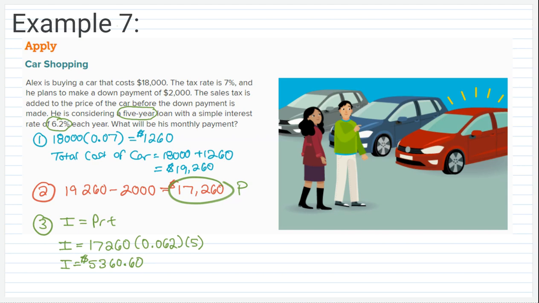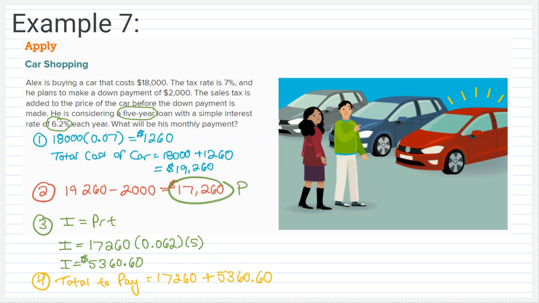So to figure out the total amount that we're paying, because again, that answer we just got on step 3 to this problem is just the amount of interest. We still owe the $17,260 plus that interest. So the next step to figure out how much we have to pay, so the total to pay for this vehicle is going to be the $17,260 that you had left to pay after the down payment plus the amount of interest that you are paying over those 5 years.